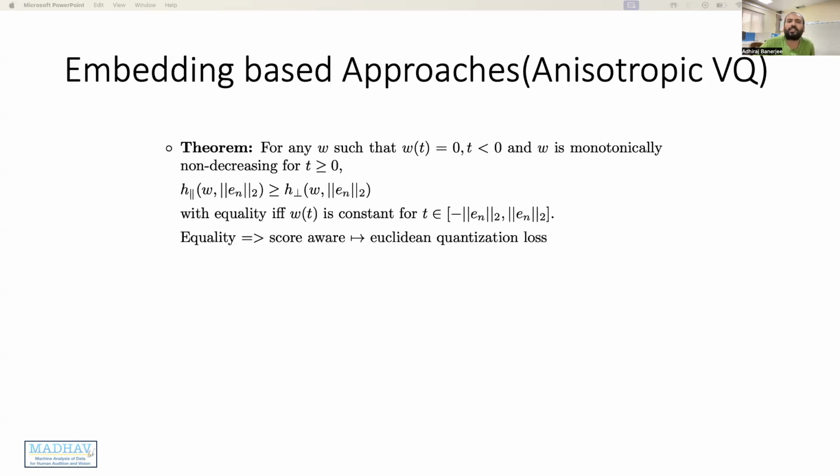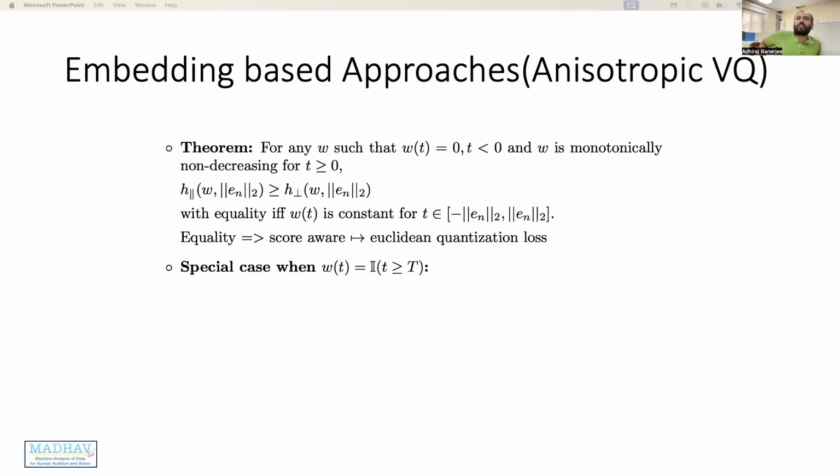The equality is true if and only if Wt is constant in the interval of the max and min values of the inner product between query and embedding en. That is, in the interval from negative norm of embedding en to the norm of the embedding en. This equality then converts our score-aware quantization loss to the isotropic quantization loss, which is just the Euclidean reconstruction error.